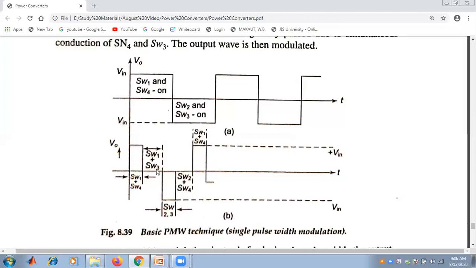When switch 3 is turned on, the output voltage at the load disappears.